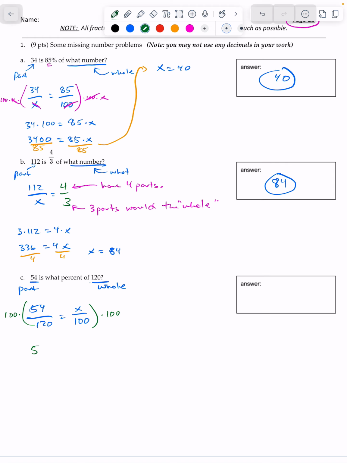So I get, whoops, I want that in blue. 5400 over 120 equals x, because those divide out. And 5400 divided by 120 is 45, I believe. So 45%.